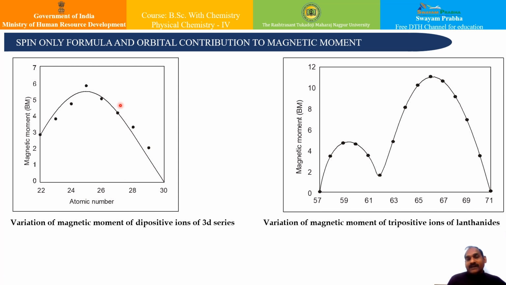The variation in magnetic moment can be seen in this particular figure. You can see the first maxima at around 59, and then it goes again up to 67. So the value is maximum for holmium and dysprosium instead of gadolinium, isn't it? This is very apparent from these figures.